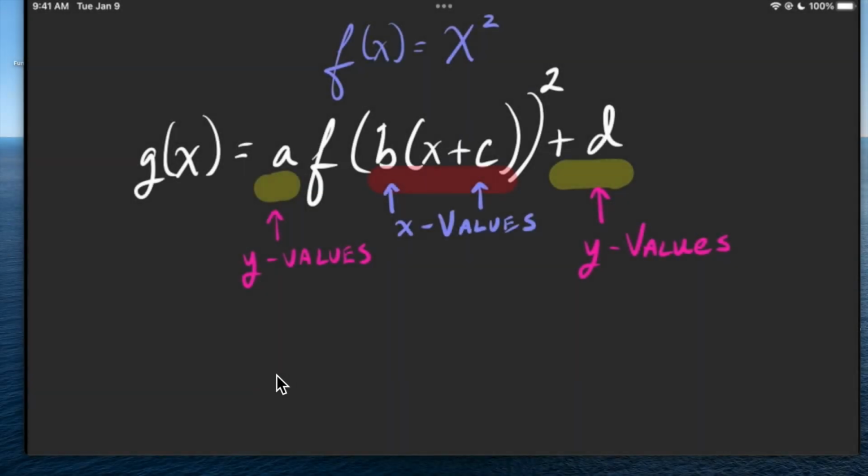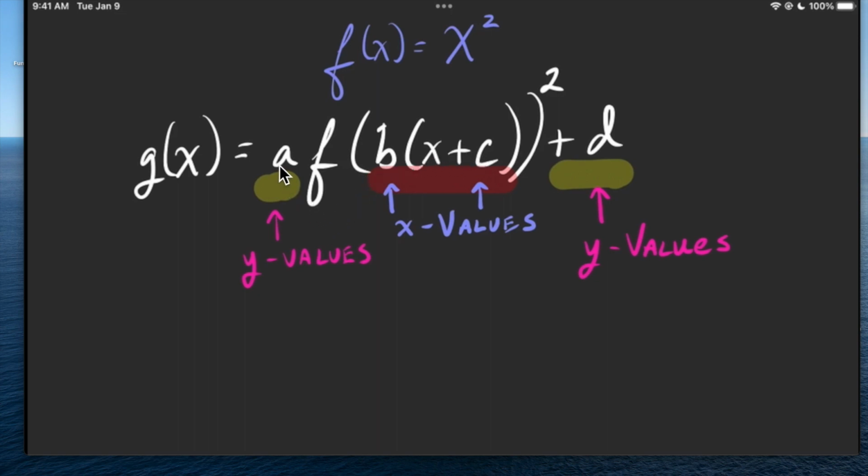So here is a formula that you may see in your textbook, and the one in your textbook might be slightly different. But the crux of the matter is this is g of x. That's now a transformed function. So what you need to analyze are the various coefficients and integers that you see associated with these locations.